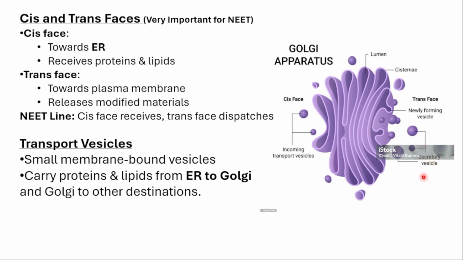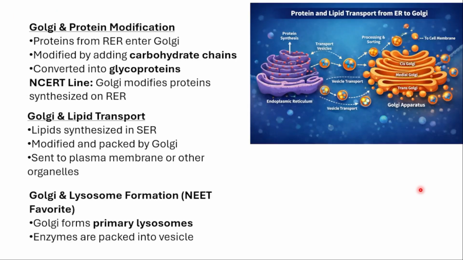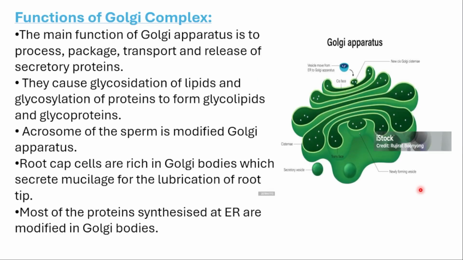Then the transport vehicles will receive it again, and finally they are going to deliver it to a particular address or destination. If the plasma membrane needs it, they are going to dispatch it towards the plasma membrane. See, like this. I'll show you this one later on.